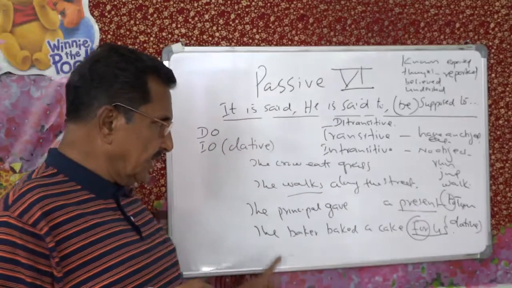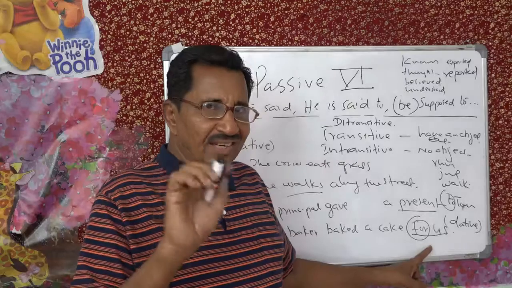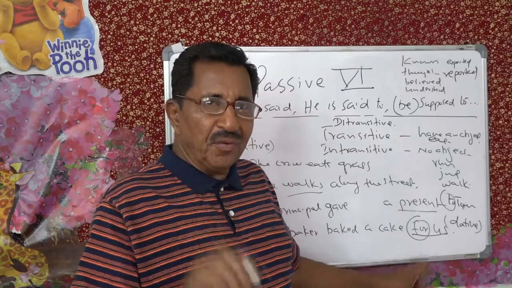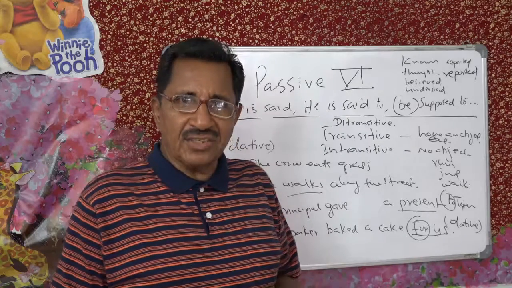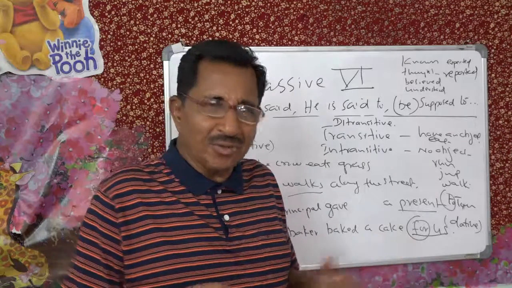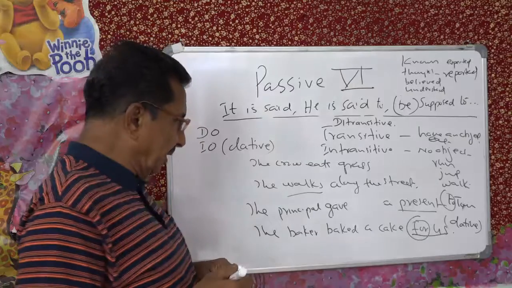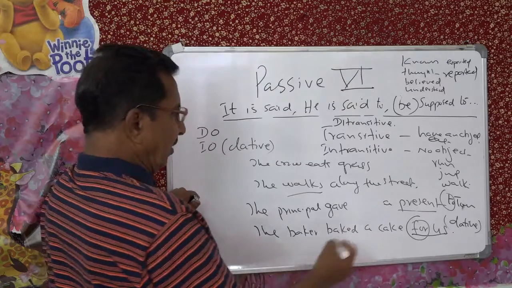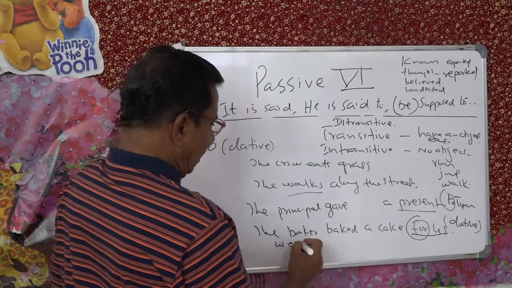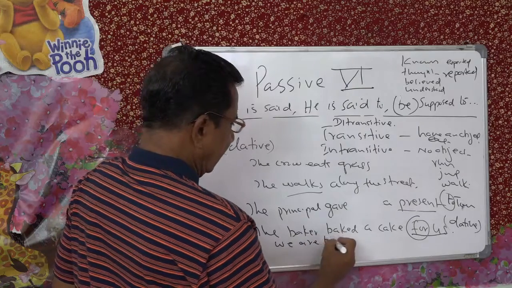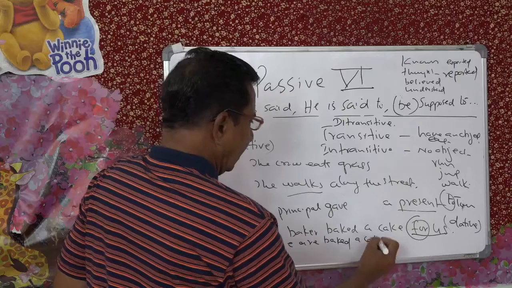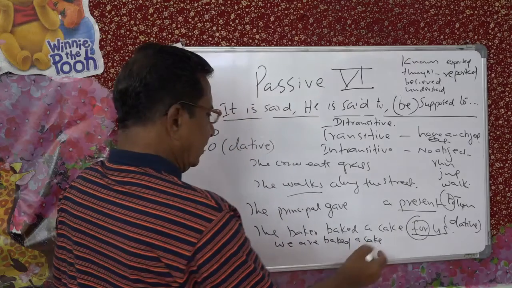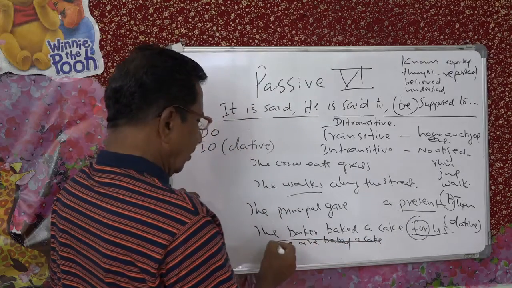But in this case, don't move the dative with for. If you move it, there will be a monstrous sentence, an aberration, so to say. Suppose you write, we are baked a cake by. So this cannot be.